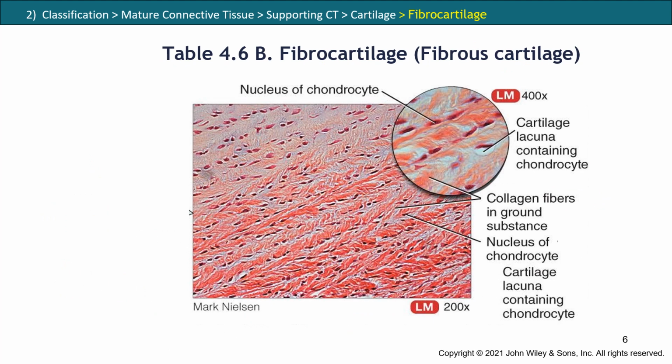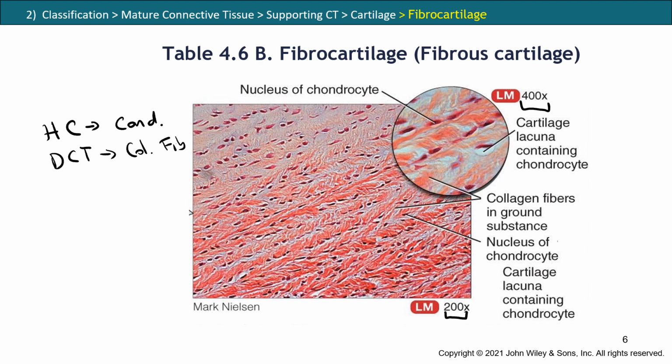Now I'm going to show you the light microscopy picture that your textbook generally shows you. Here you have one at 200 and the other one at 400. It looks like you have the hyaline connective tissue, with the chondrocytes, the lacune, and all the things that we see, and you also have dense connective tissue, where you have all these collagen fibers.